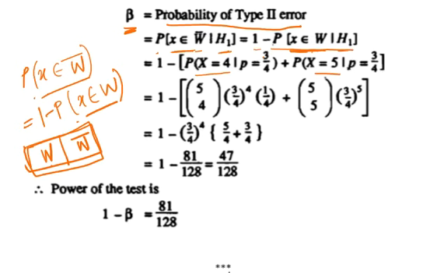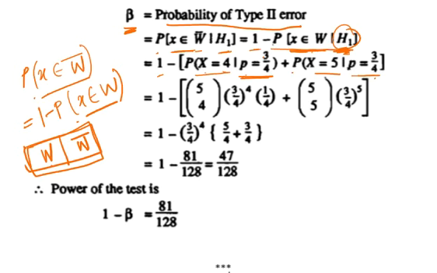But here, under the alternative hypothesis, the value of p will be different. So 1 minus the probability x equals 4 under H1, where the value of p is 3 by 4 under the alternative hypothesis, plus x equals 5, again with p equal to 3 by 4.